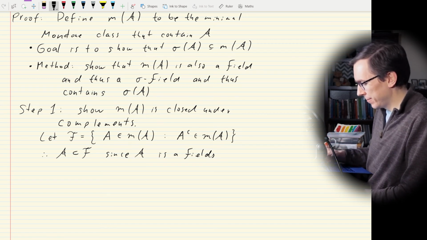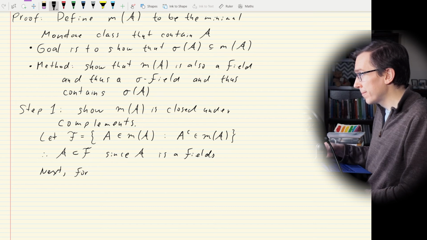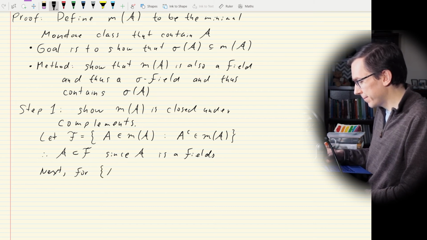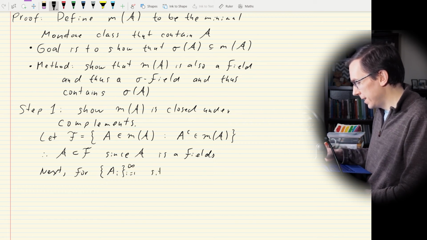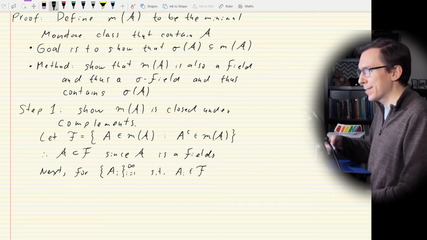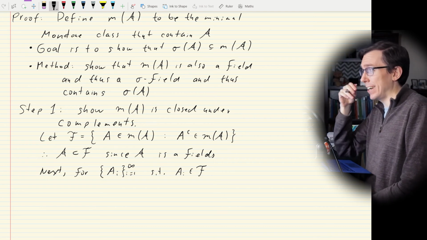Well, next, we'll say for a sequence of sets A_i from 1 to infinity, such that these A_i are in F. It's always good to know that there's something in F that we can take a complement of. We know we at least have the entire field, script A.